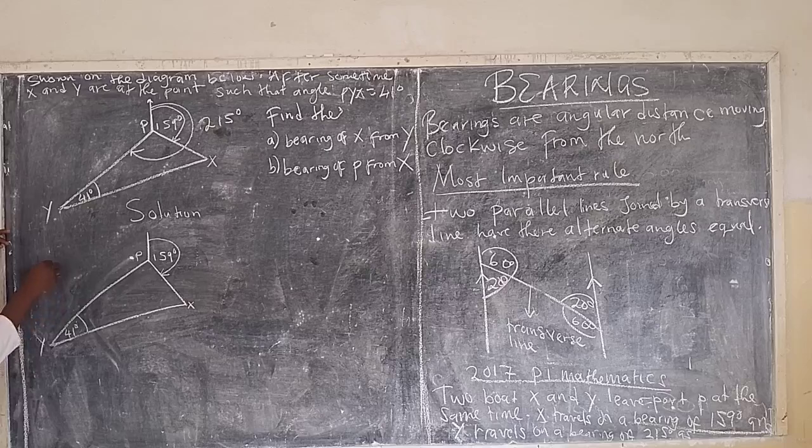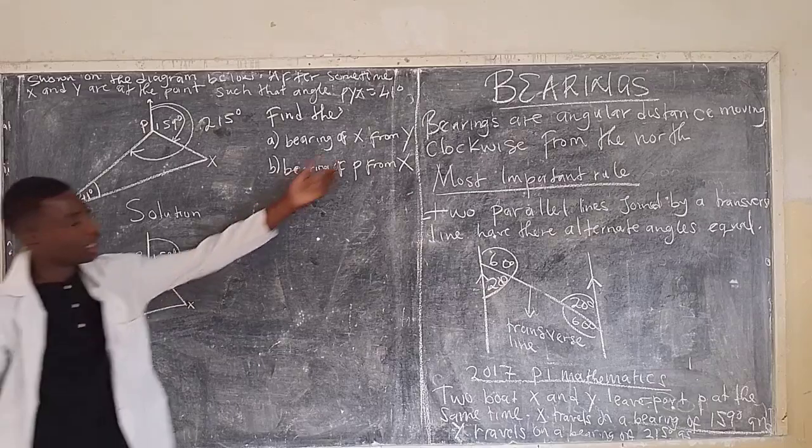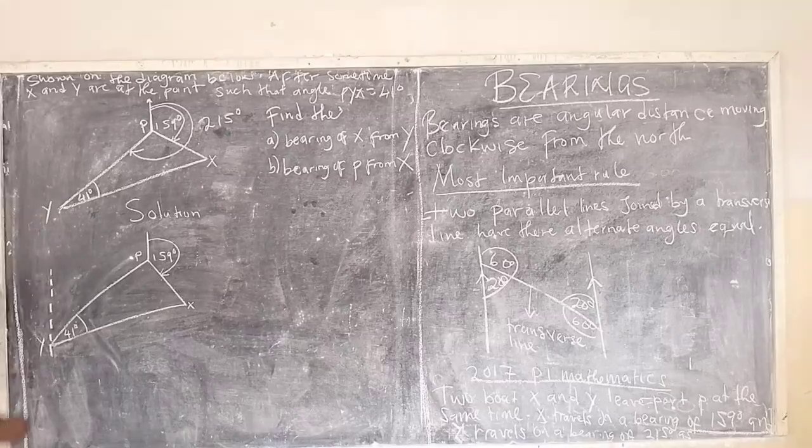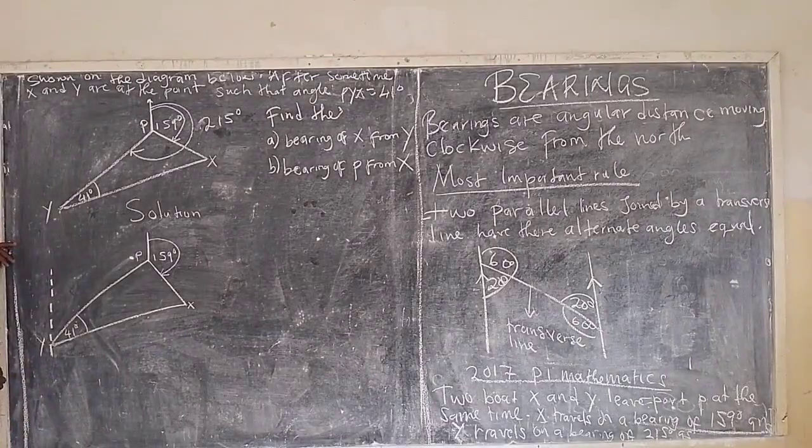So we are going to draw a north line on where Y is, since they are saying from Y. Upon doing that, we will now begin moving clockwise until we meet our line for X, which is this line.